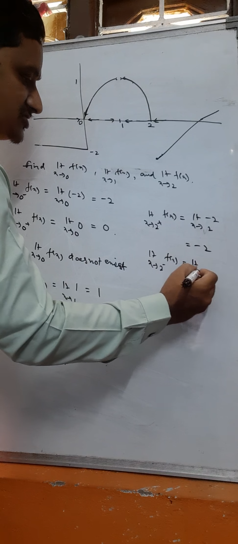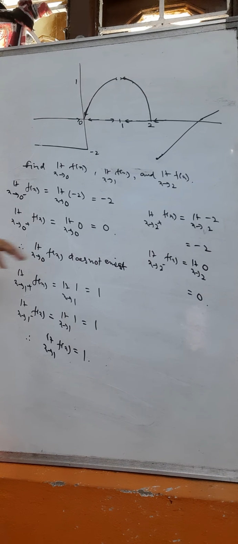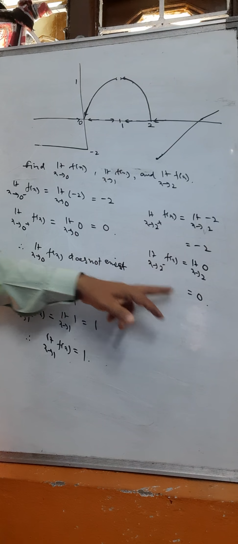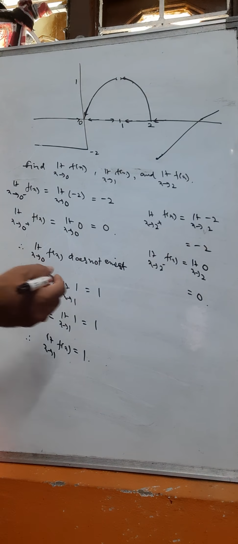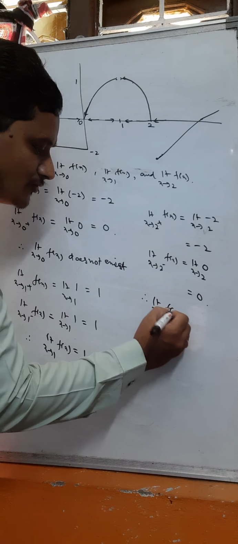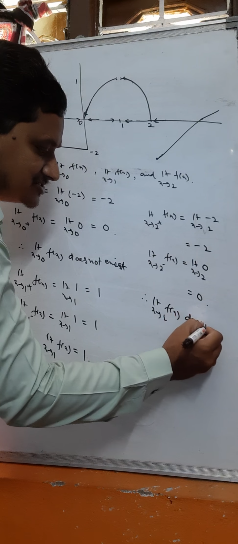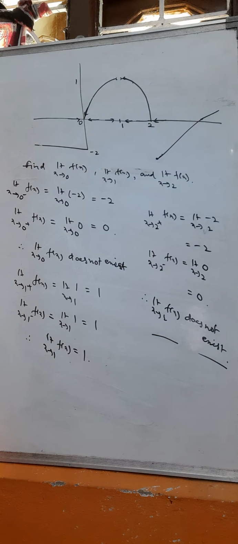So the answer is 0. Here in this case LHL is 0, RHL is minus 2. So LHL is not equal to RHL. Therefore limit x tends to 2 f of x does not exist.